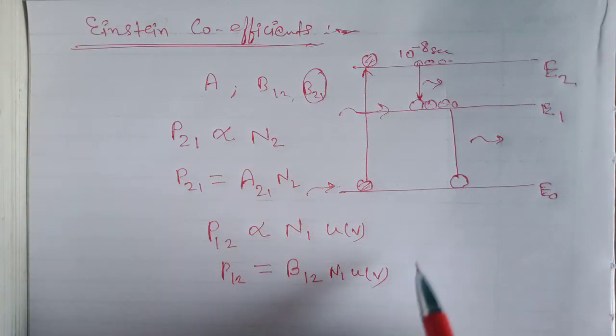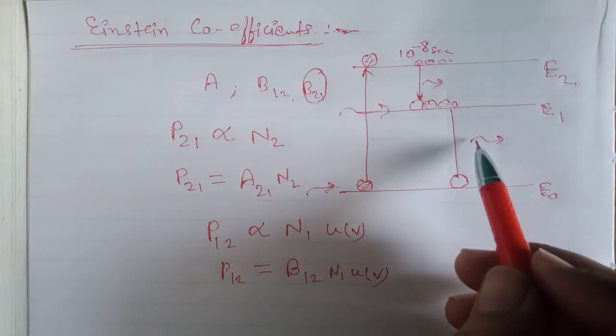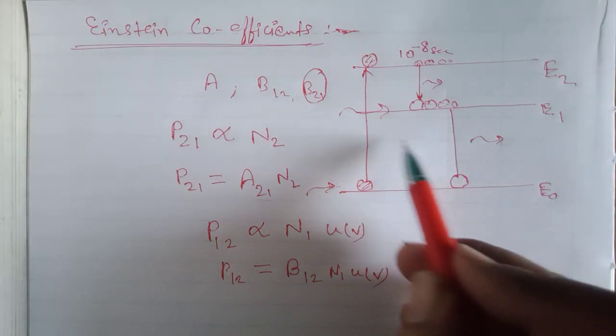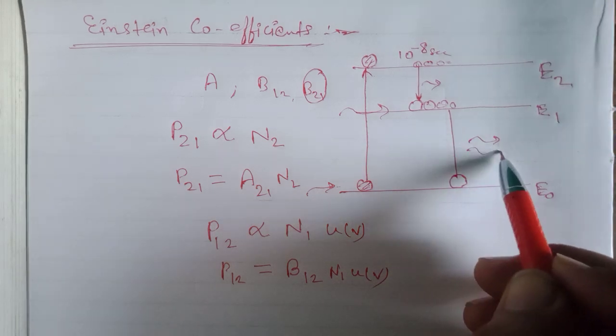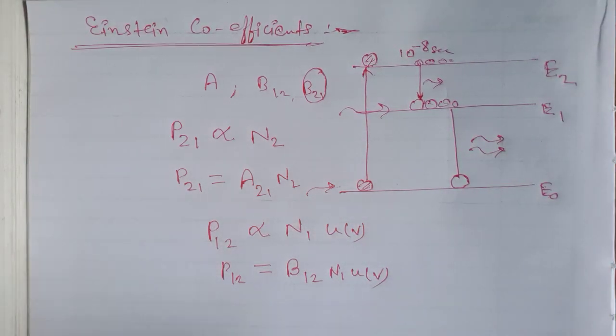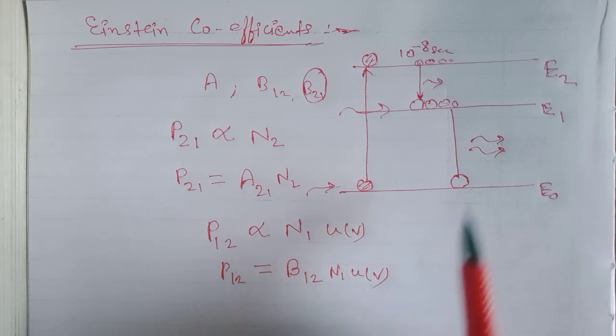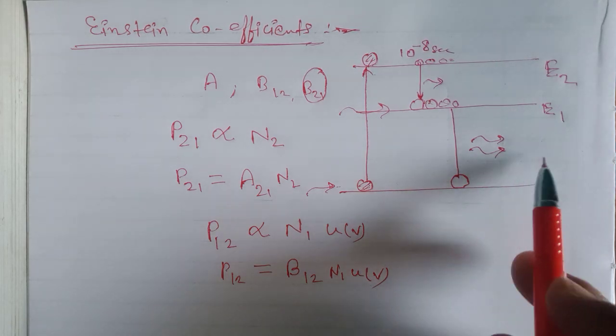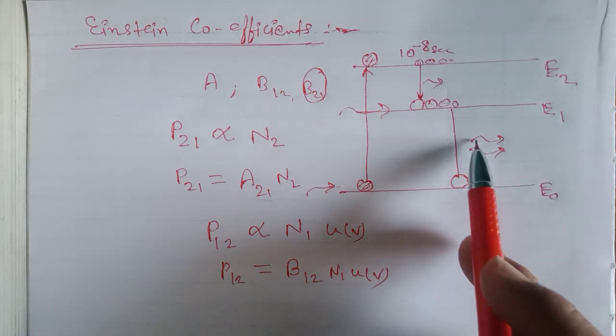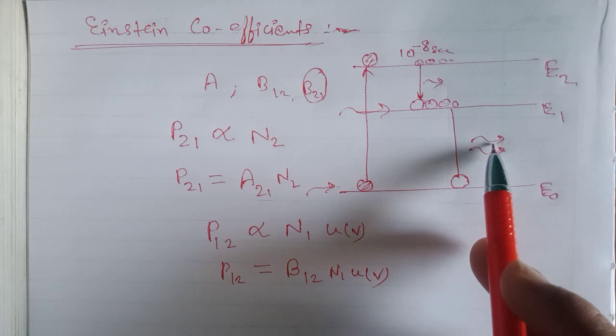That is called the stimulated emission. So one is the emitted photon and another one is the incident. Both are moving in the same direction.